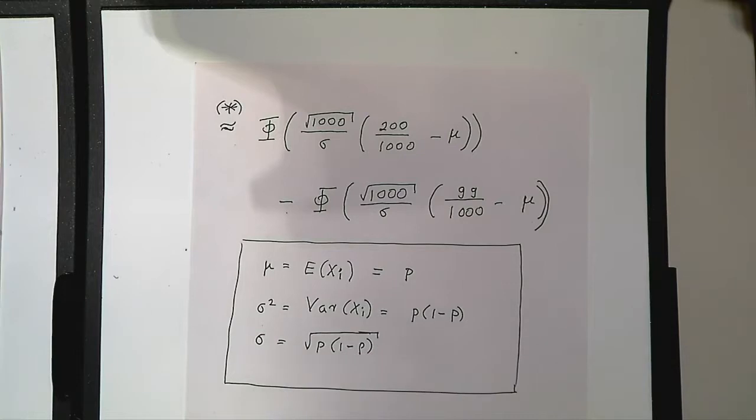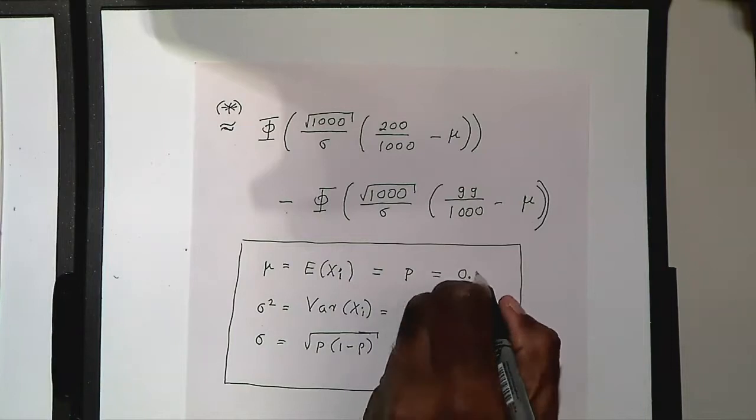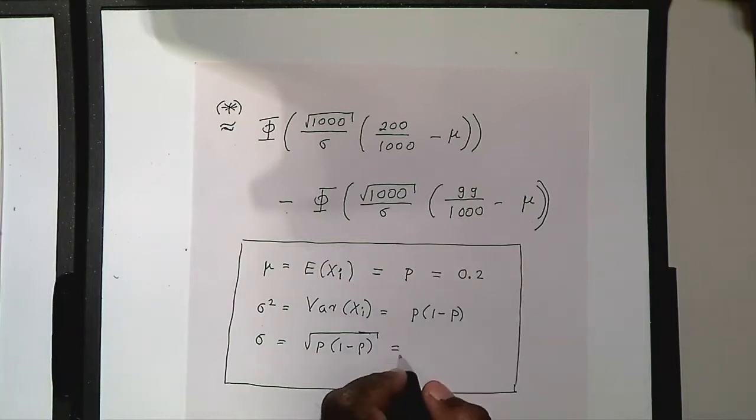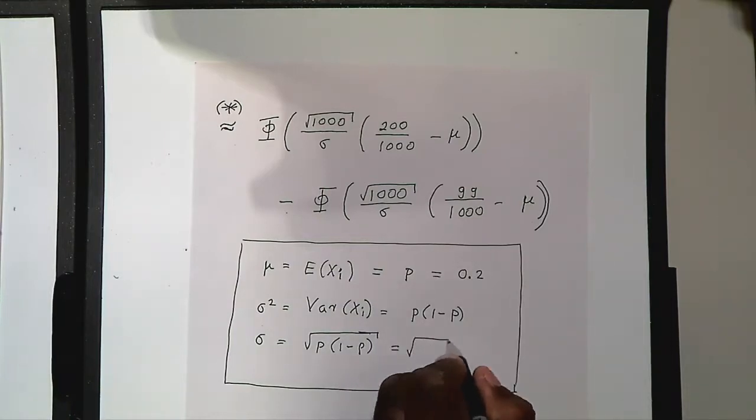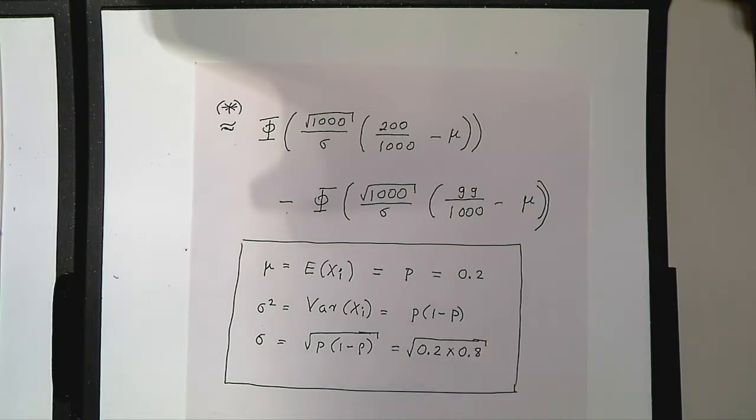Now in this question we are assuming that p is 0.2. So mu is 0.2 and sigma is the square root of 0.2 multiplied by 0.8. You follow how I got it? Just using the fact p is 0.2.